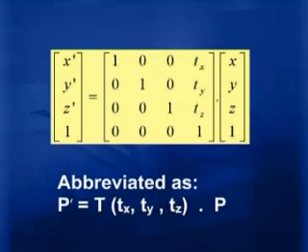Similarly, the second row, 0, 1, 0, Ty, gives us the translation factor along the y-axis. And the third one gives us 0, 0, 1, Tz, the translation factor along the z-axis. The last row is, of course, added because of the homogeneous coordinates being used in order to take care of this part.